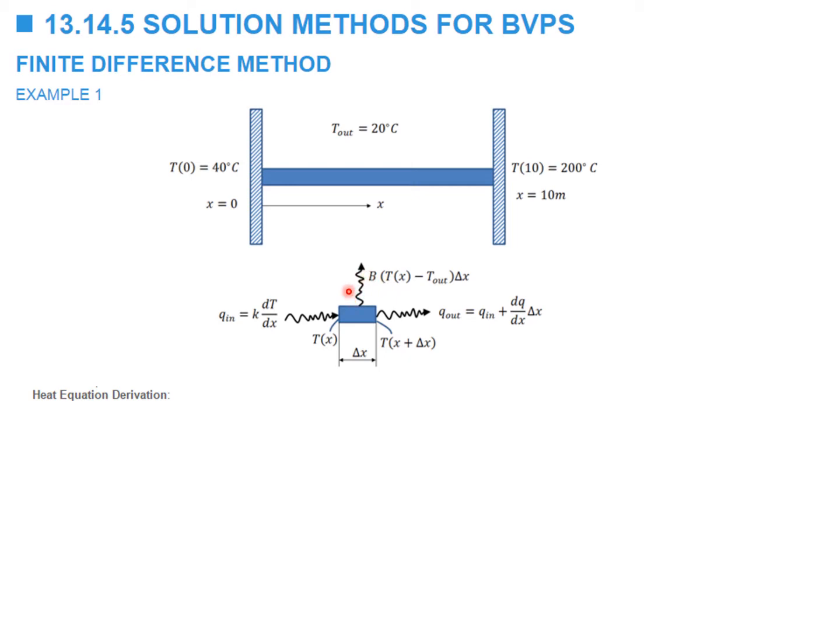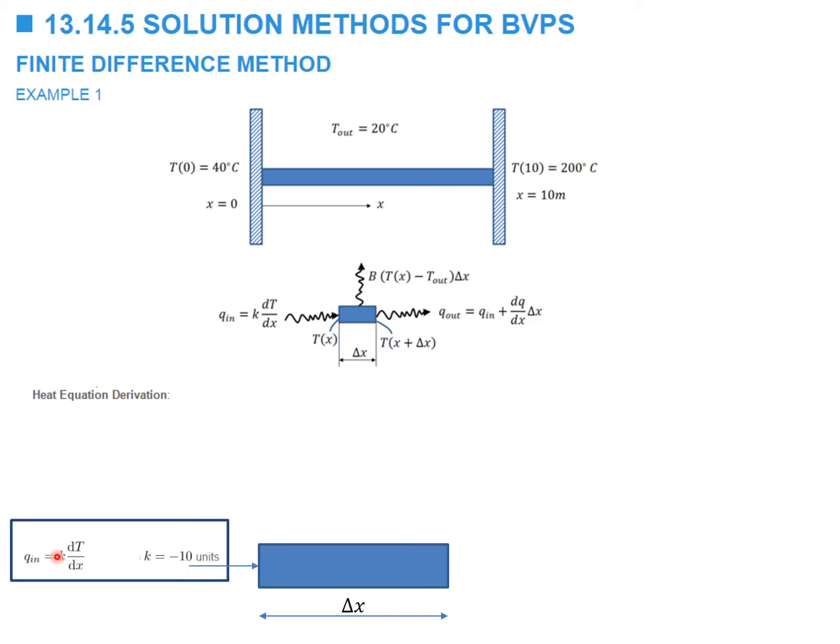The heat is directly proportional to the difference in the temperature, and this constant of proportionality is given as the constant B. So we're going to extract a small portion of that bar with a length delta x. The heat going into that bar is equal to K multiplied by dT by dx, where K is given in this problem as negative 10 units.